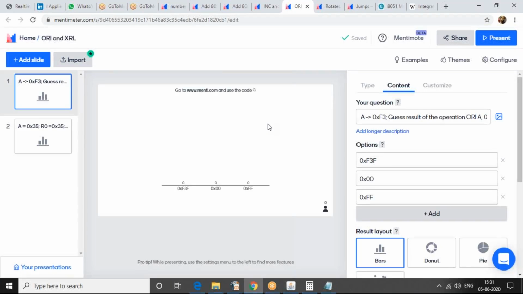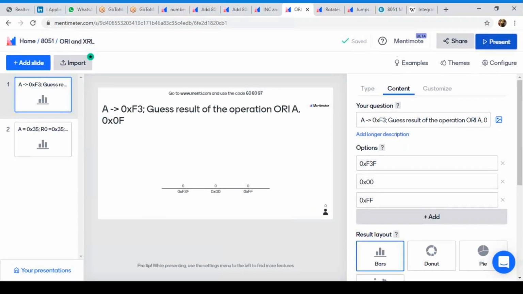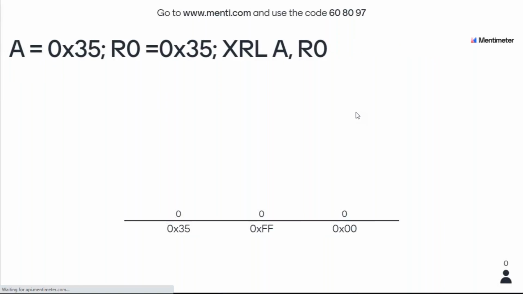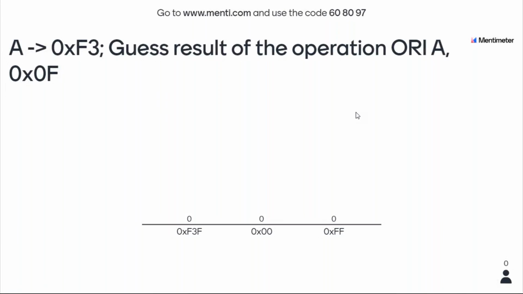I'll go to that quiz. XRL does a bitwise XOR of every register. I have a question open for that. You have a register A with the value F3. You do an XOR of A with again A. Oh, this is an OR.